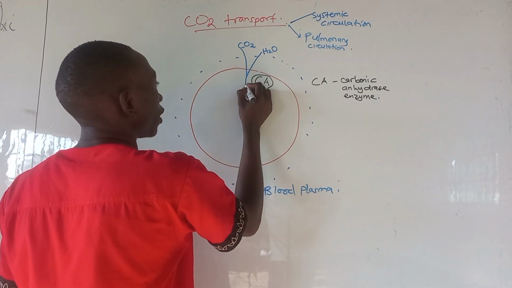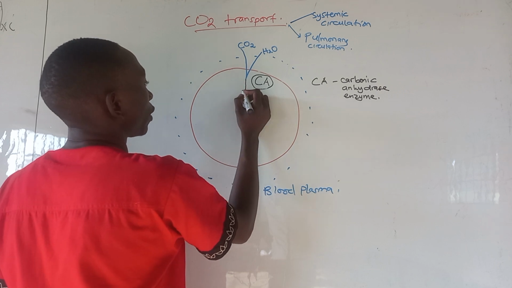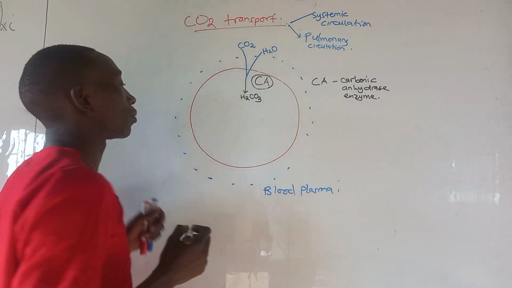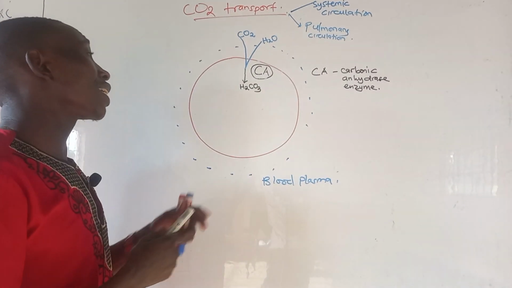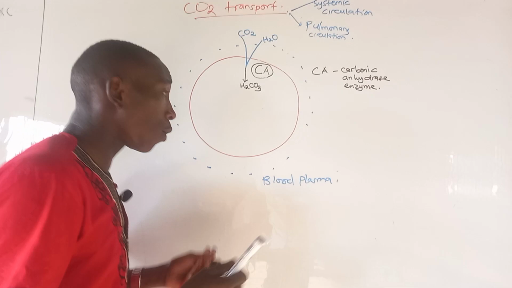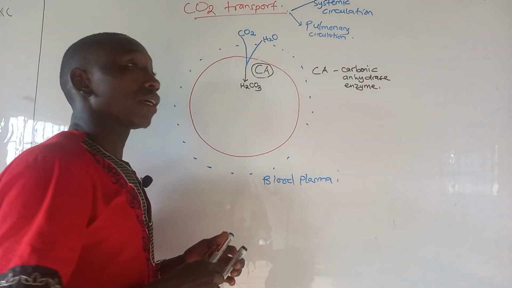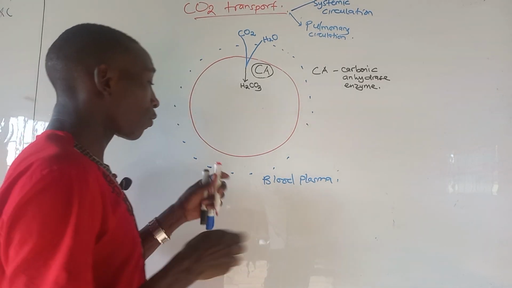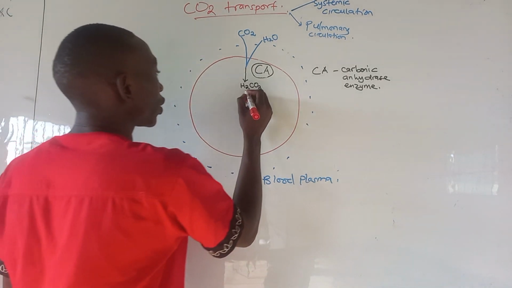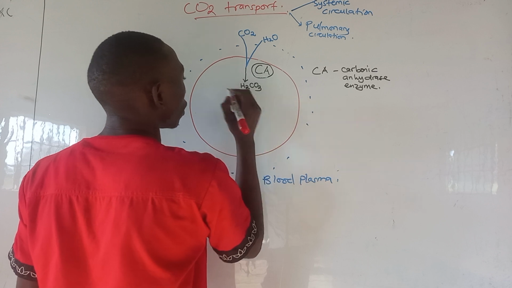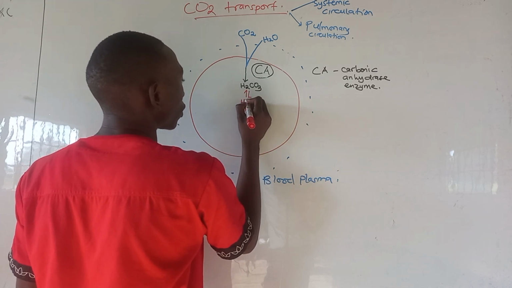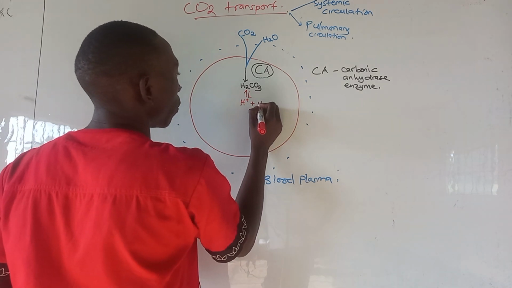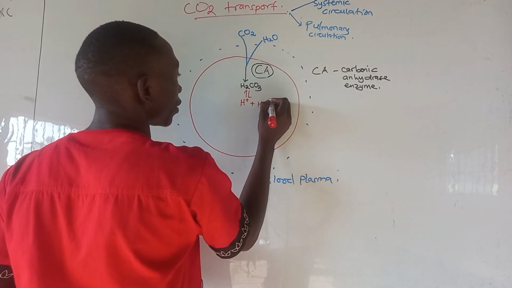Once it catalyzes that reaction, it forms what we call carbonic acid. Part of this carbonic acid that is being formed partially dissociates to form two things, that is to say, the hydrogen ions and the bicarbonate ions.